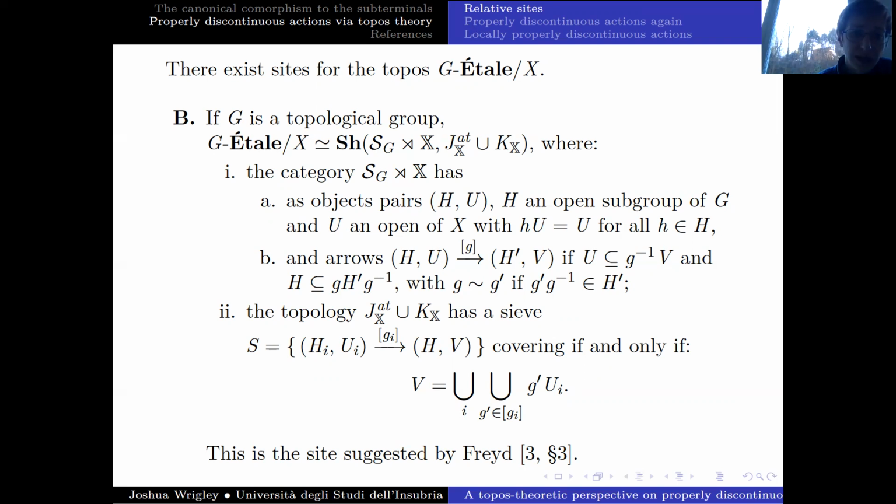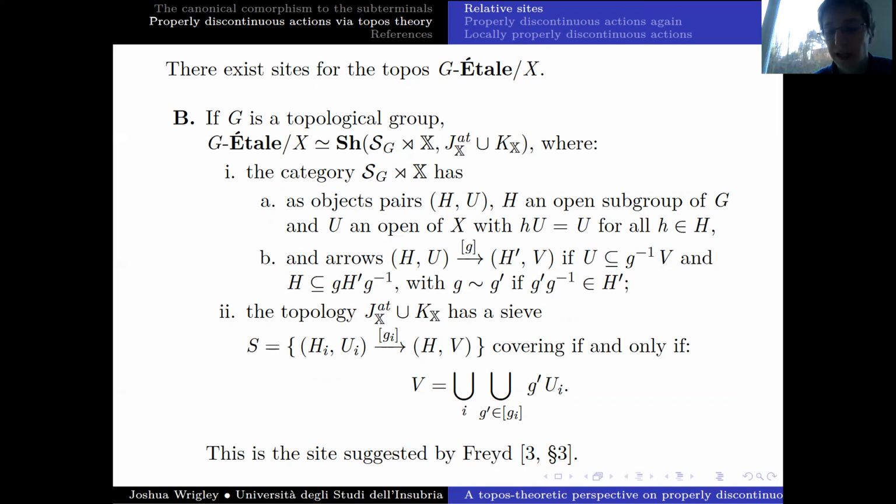So the category S_G times X has as objects pairs of an open subgroup and an invariant open, and arrows between these two are a little bit complicated.